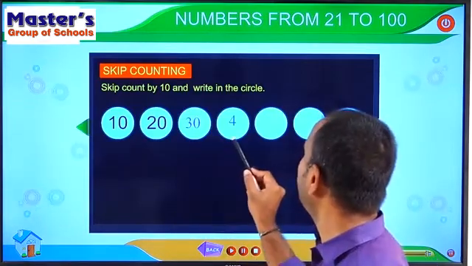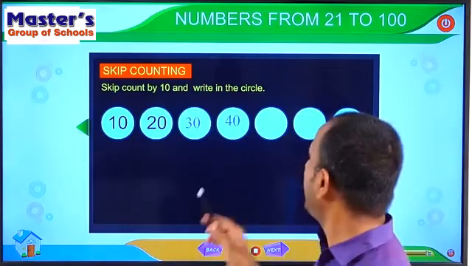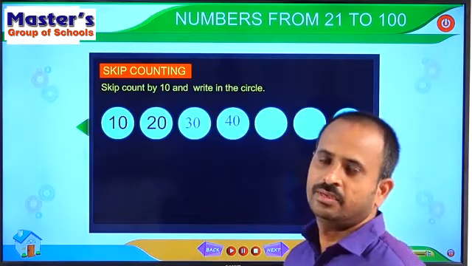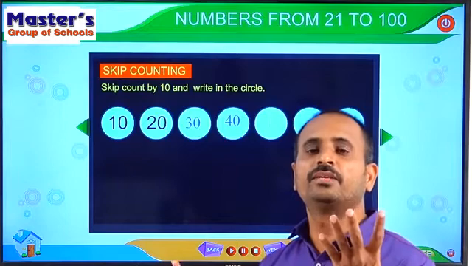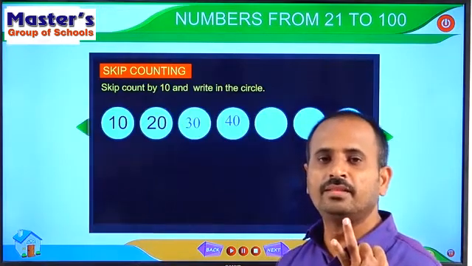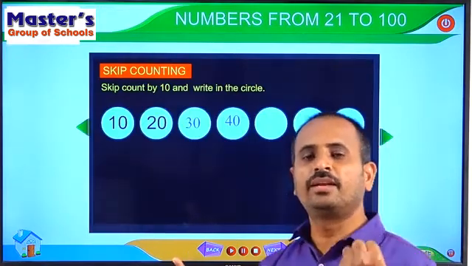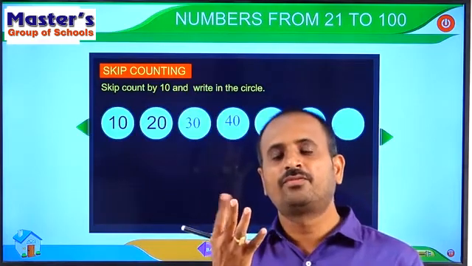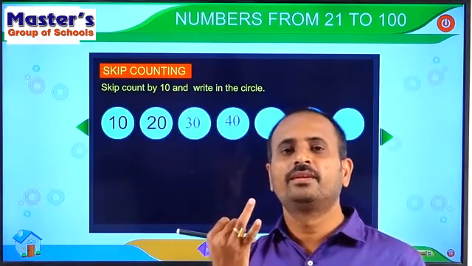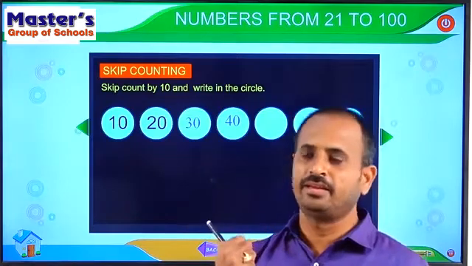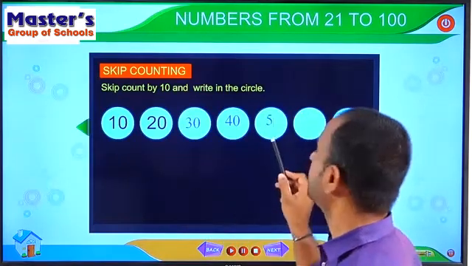So write 40 in the circle. And again add 10 to the 40. So after 40 comes 41, 42, 43, 44, 45, 46, 47, 48, 49, 50. So write 50 in this circle.